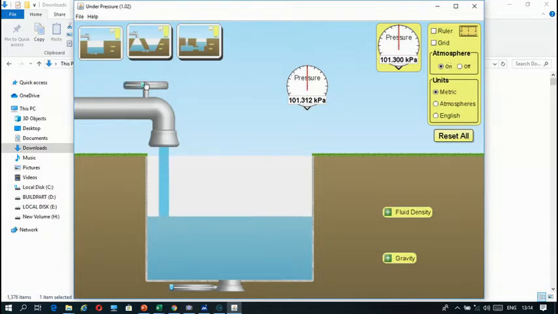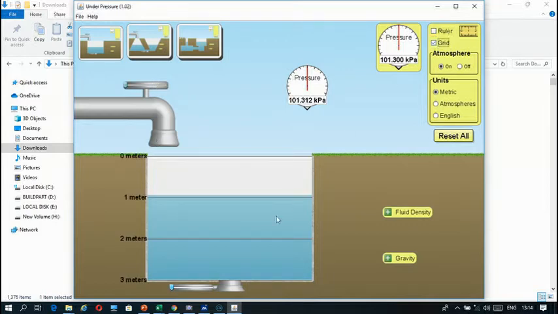And if this person was just deep inside here, if for example 3 meters below, let's see the pressure 3 meters below, this person will be experiencing 121 because of pressure due to the liquid above him, and on the surface here it's also acted upon by the atmospheric pressure.